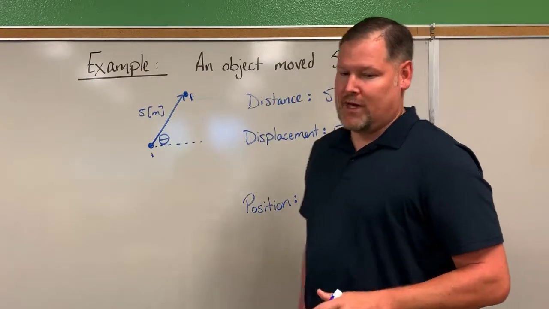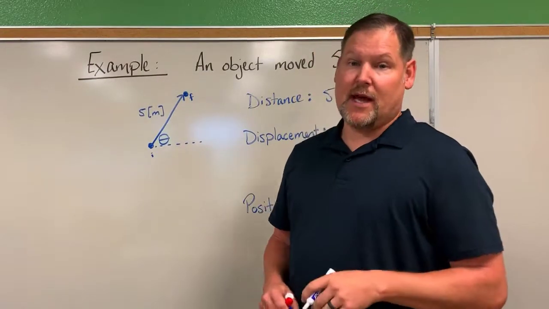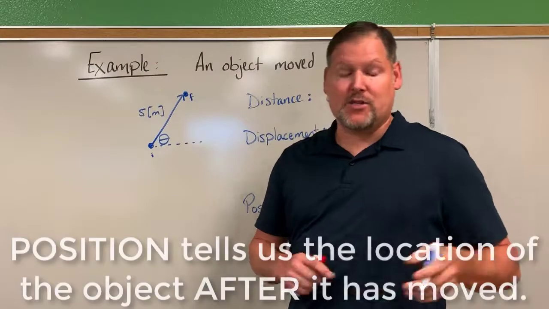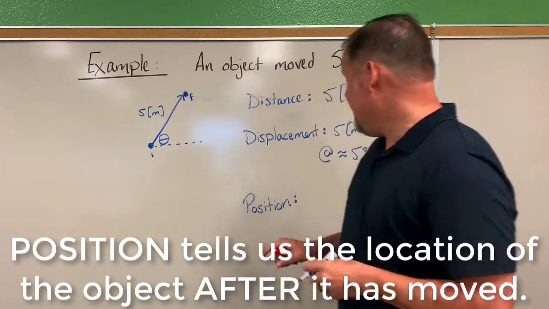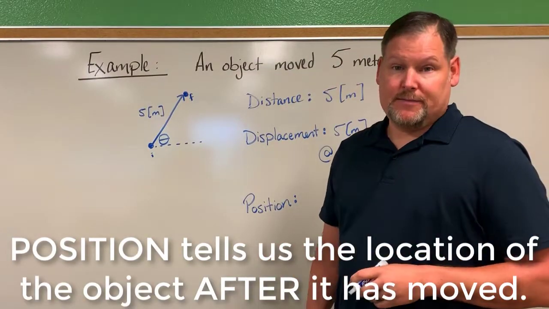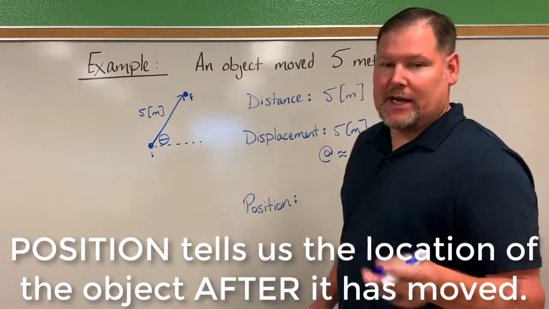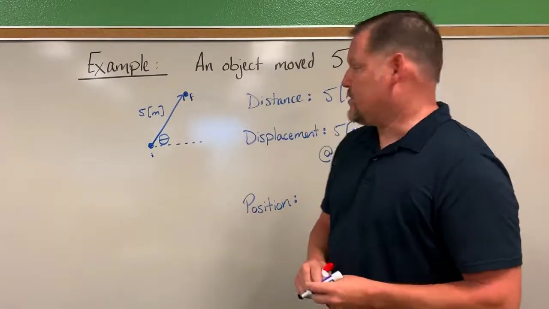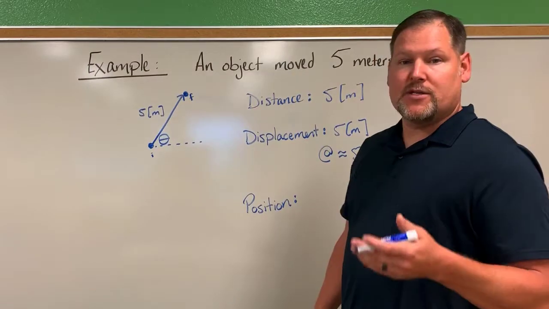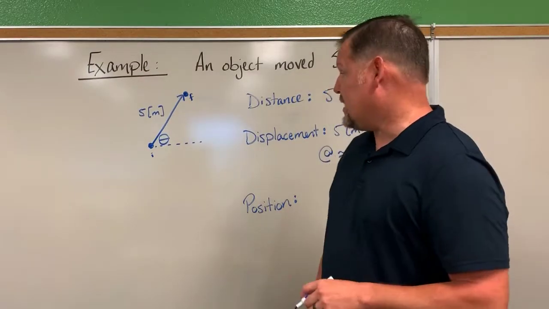If the question was, where is the object located after it has traveled 5 meters, we're asking about a position. And you're not allowed to just say there, like that's not a good enough description. So we'd have to find a way to describe position effectively and clearly.